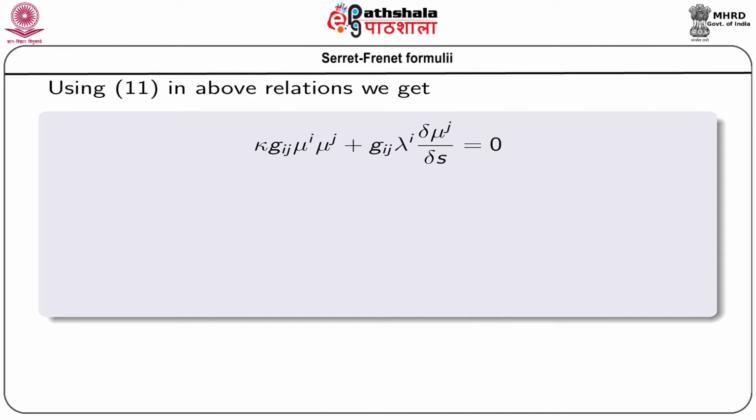Now, using 11 in the above relations, we get κ g_ij μ^i μ^j plus g_ij λ^i ∂μ^j/∂s equal to 0. That means we are replacing the value of ∂λ^i/∂s as κ μ^i.